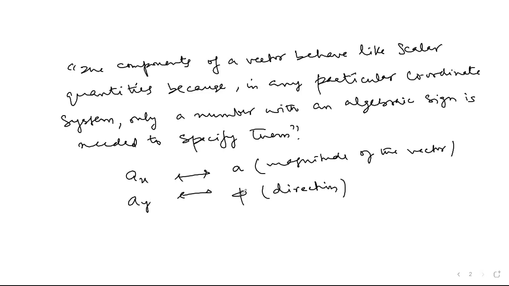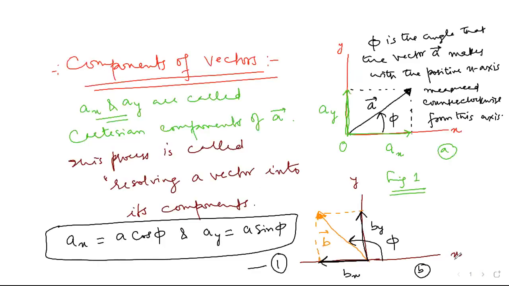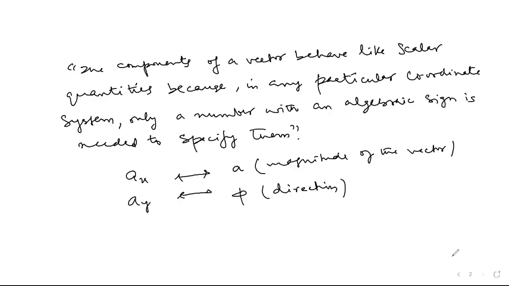To obtain A and phi from ax and ay, we see from figure 1a, we can write, I can use here Pythagoras Theorem. This is ay, this is also ay. So I can use Pythagoras Theorem and express the magnitude in terms of ax and ay.